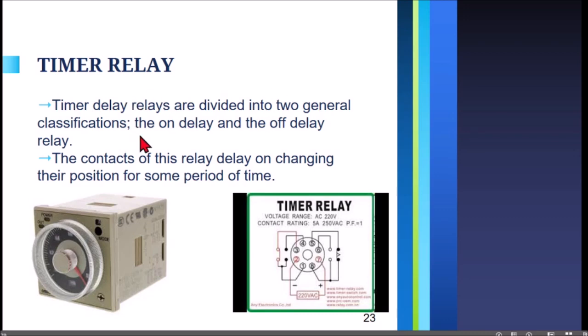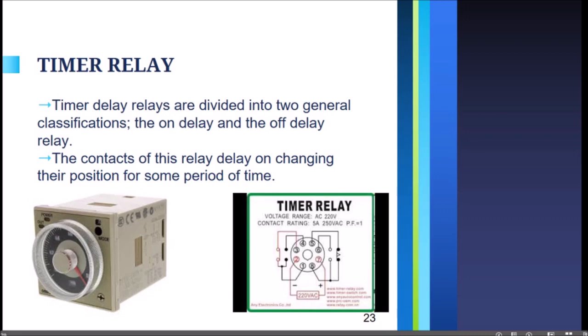For on delay, the moment the timer is supplied with a voltage source, it will act on its setting, and after some time, for example 5 minutes, it will disengage.